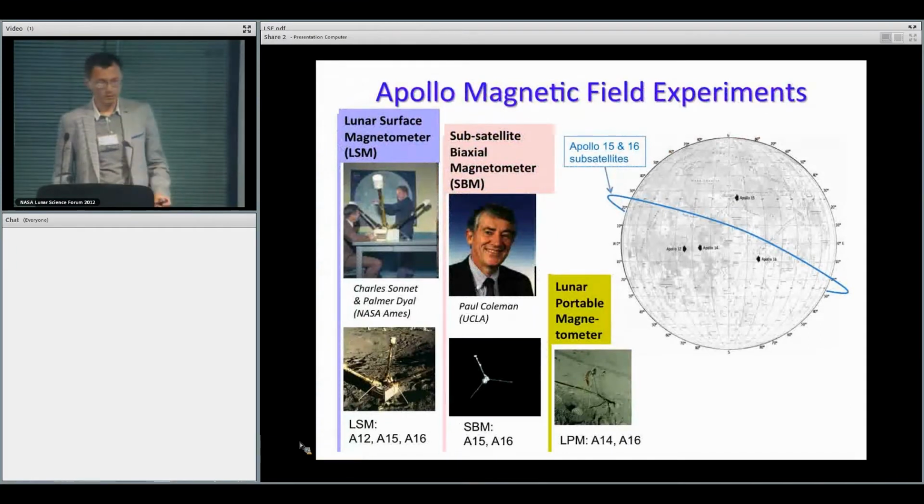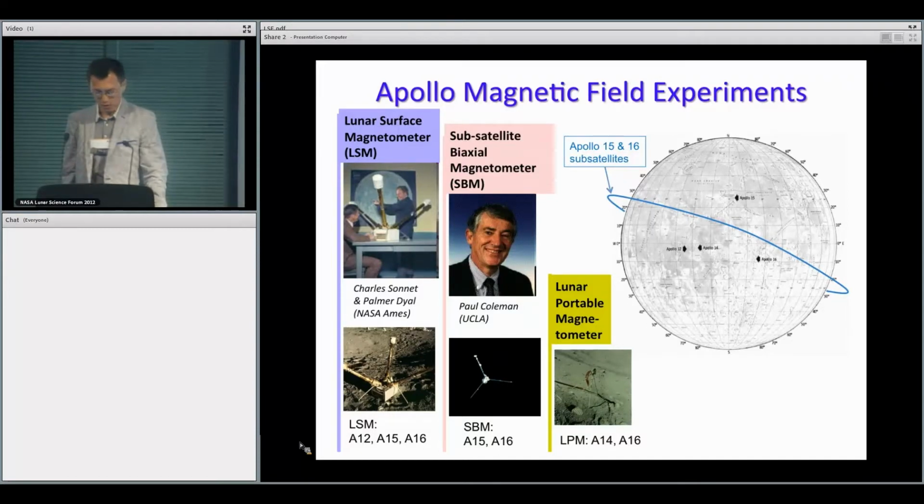In another life of mine, I study magnetic field fluctuations observed by a large number of ground-based magnetometers and also the Earth-orbiting satellites. One day several years ago, an idea came to me that perhaps I should take a look at the magnetic field measurements at the moon, both on the surface and by the satellites orbiting the moon.